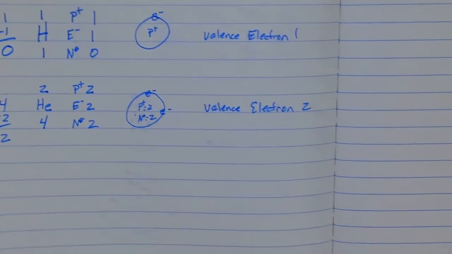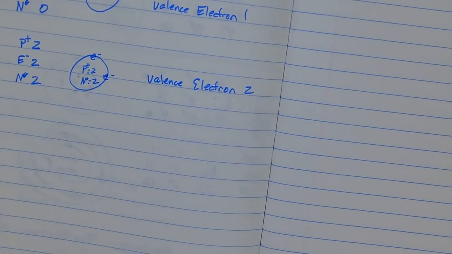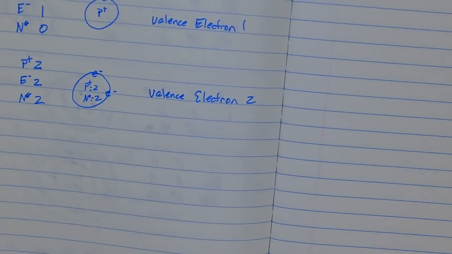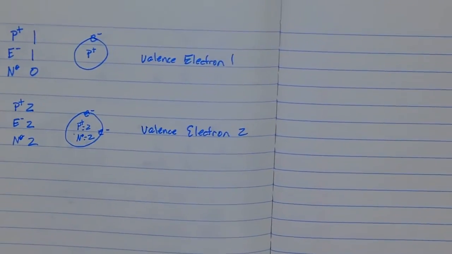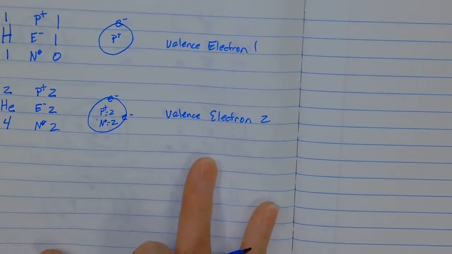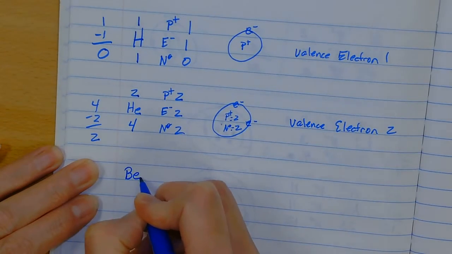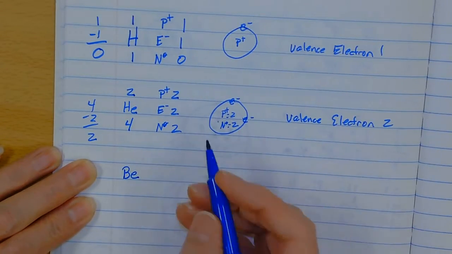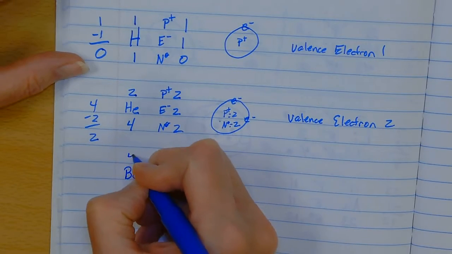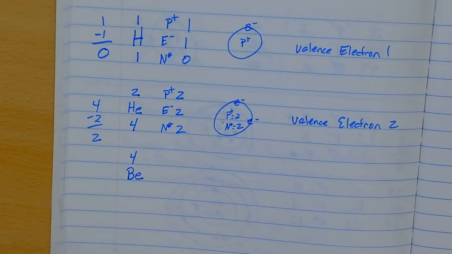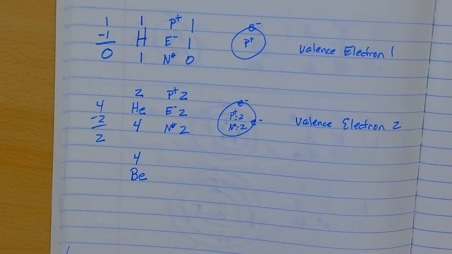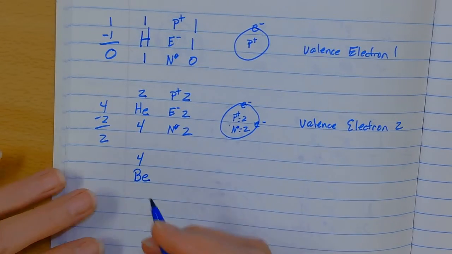All right, so let's see. We've done lithium. We know lithium has our 1 valence electron, so let's look at beryllium. Okay, beryllium, Be. Beryllium is atomic number 4. It has a mass of 9.012, so we're just going to round that to 9.